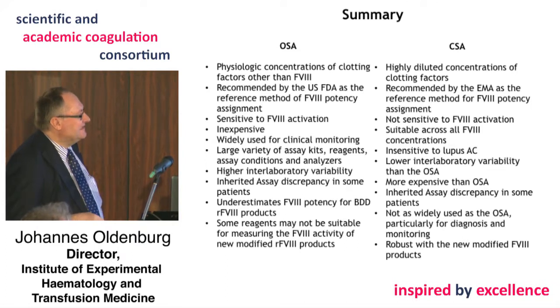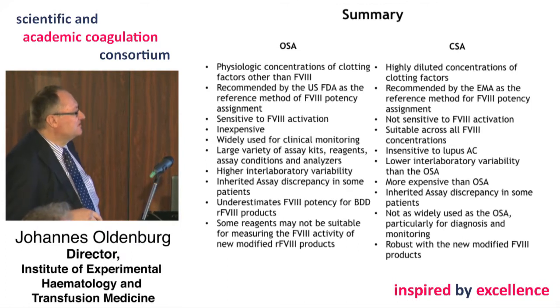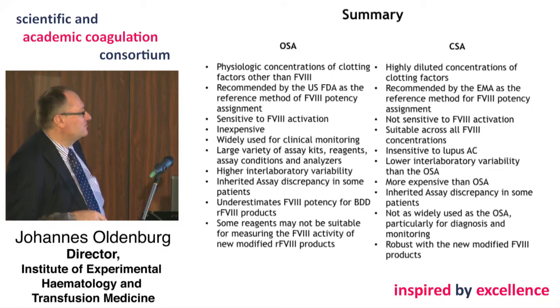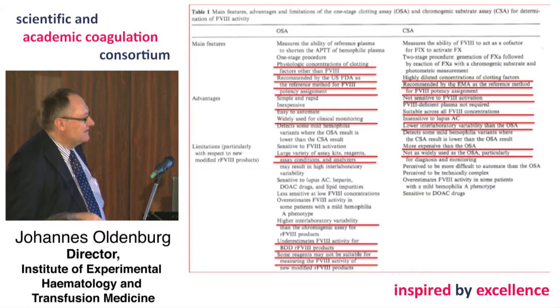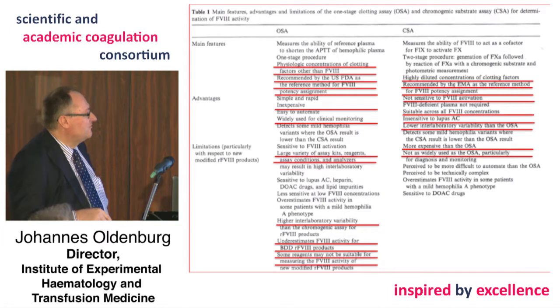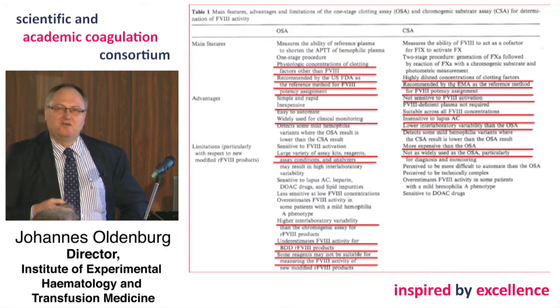We have large varieties of assay kits, reagents, and conditions, with the one-stage assay much more than with the chromogenic assay. We have a higher interlaboratory variability with the one-stage assay than with the chromogenic assay. We have an underestimation of the potency for recombinant products with the one-stage assay. This assay is not very suitable, or only suitable in specific compositions, for the new products that are entering the market more and more.